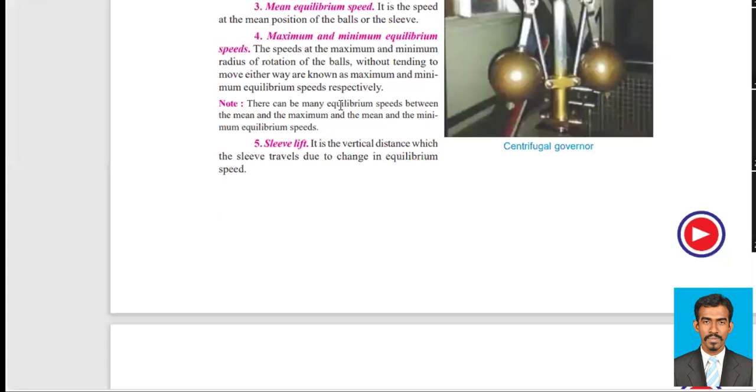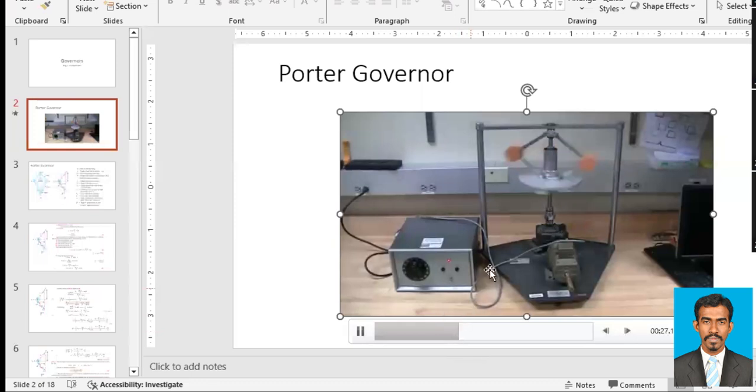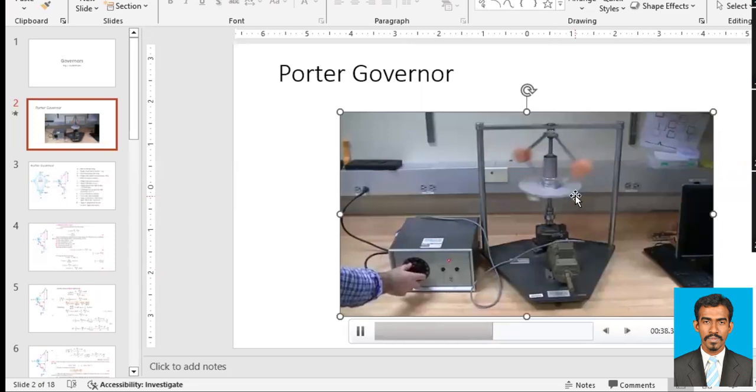Note, there can be many equilibrium speeds between the mean and the maximum, and between the mean and the minimum. The equilibrium speed need not be only one. For example, in this video you can see an example position where the speed is at equilibrium. If you reduce the speed, it will come somewhere down here and will also be in equilibrium. Previously it was in equilibrium, and now also it is in equilibrium.